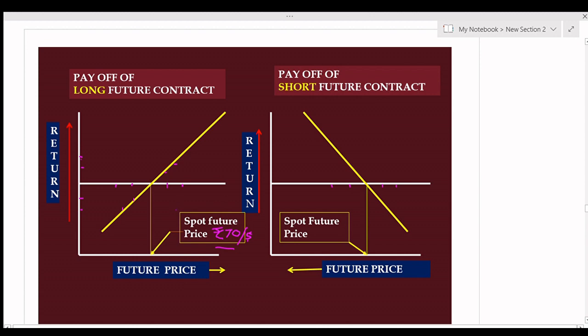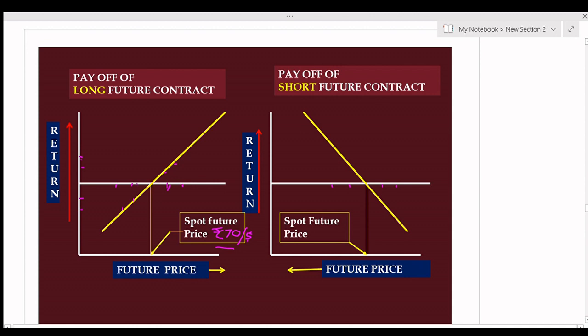Now, if the future price on expiry date increases to 71, then the hedger or trader will benefit by rupees 1 per dollar, and if it is 72, then he gains rupees 2 per dollar.